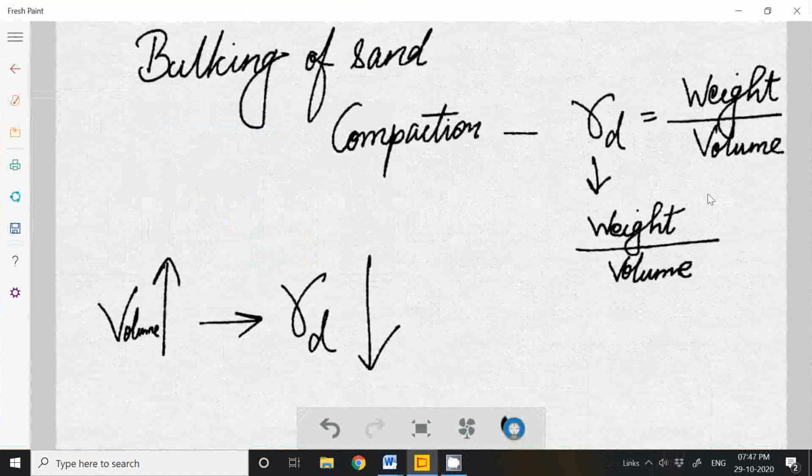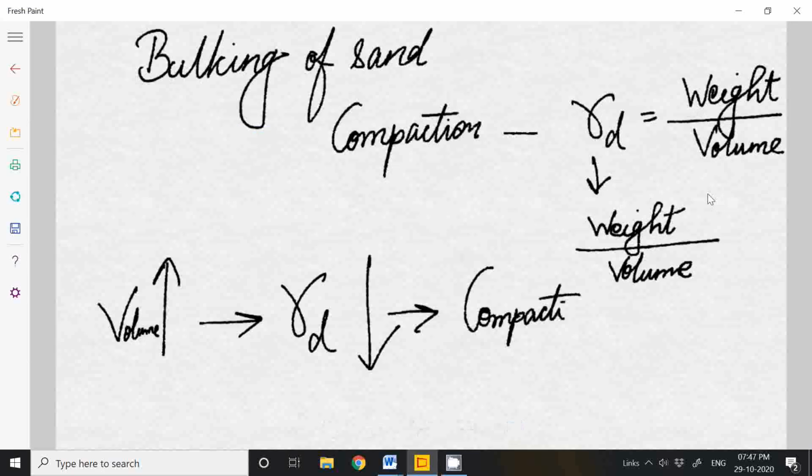So when volume increases, dry unit weight decreases, and ultimately compaction decreases.